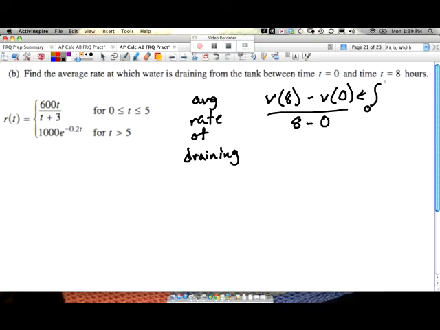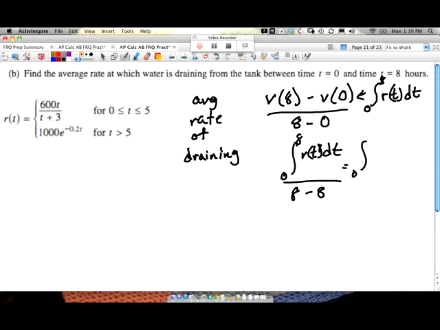And this is the integral from 0 to 8 of the rate r of t dt. So we have to integrate r of t from 0 to 8 and divide that by 8 minus 0.